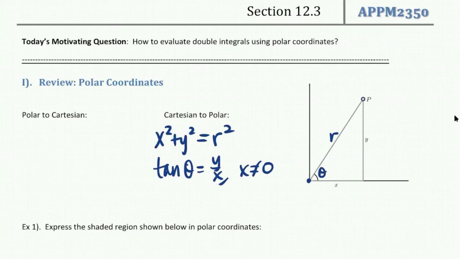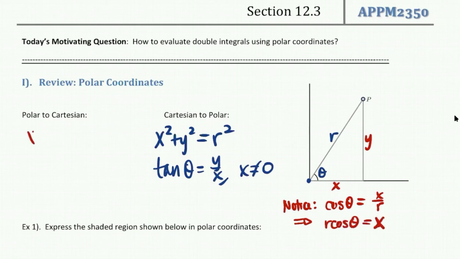Given r and theta, we can figure out what x and y are just by using some trig. So notice that cosine of theta is x over r, which means that x is going to be r cosine theta. And similarly, we have y is r sine theta.